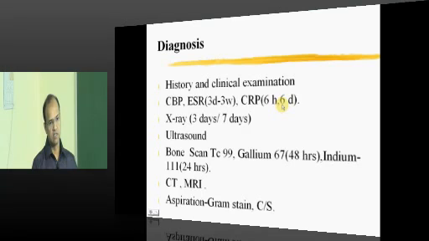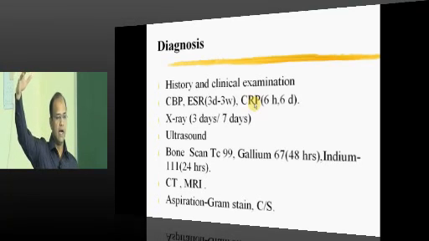That means, once you have an infection, once there is multiplication of bacteria and an acute infectious process going on, the first thing to rise is CRP, not ESR. CRP rises within 6 hours, peaks by 1 day and comes down by 1 week, right?